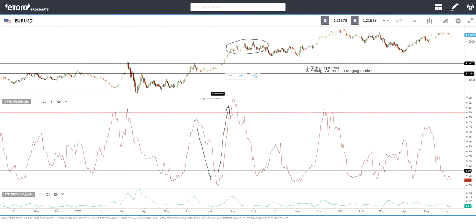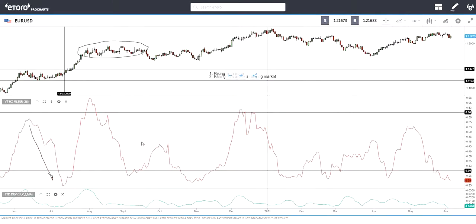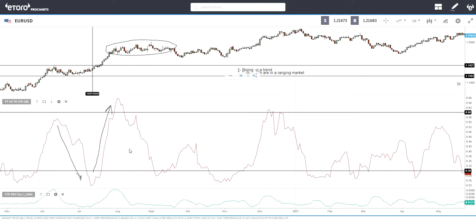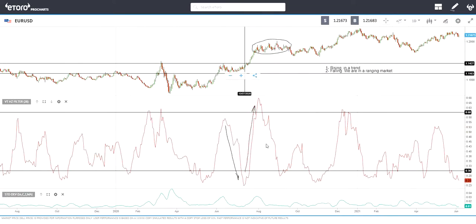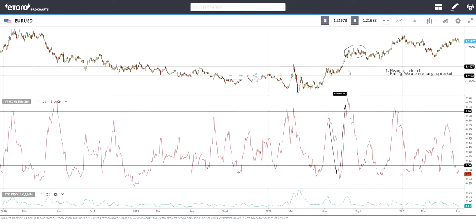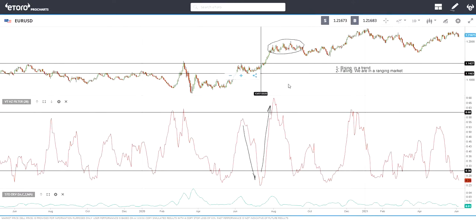But the thing is, you may use this indicator to close your positions, but to open positions, it will be a bit tricky.